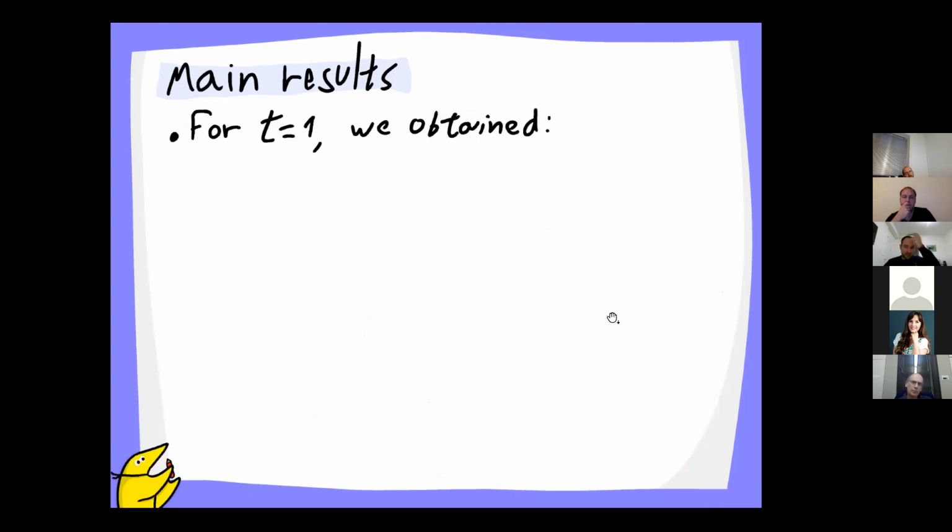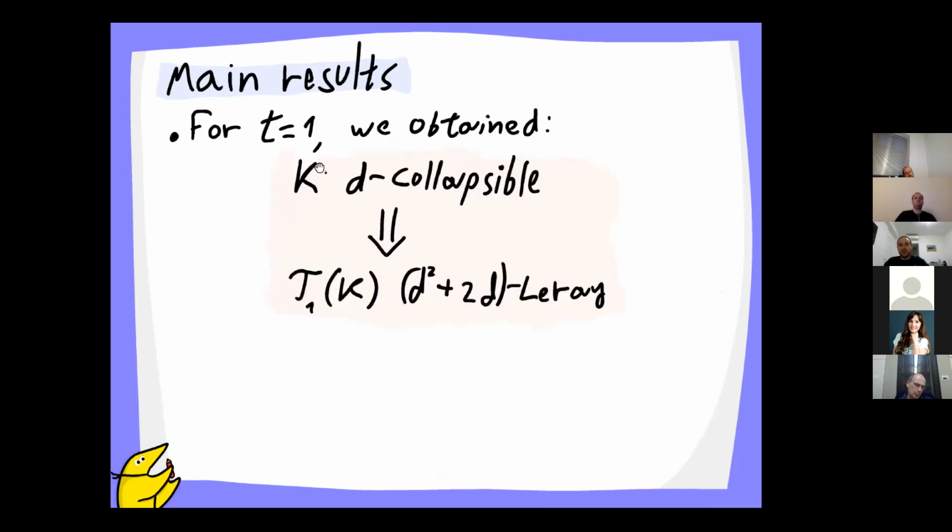So as I just told you, in the special case t equals 1, we prove that if K is d-collapsible, then the one tolerance complex is d squared plus 2d Leray. And what we were hoping to prove is the improved bound, (d plus 3) over 2, squared, minus 1.